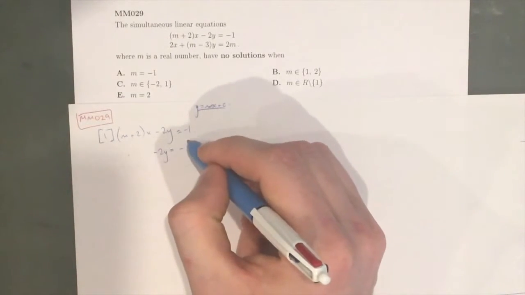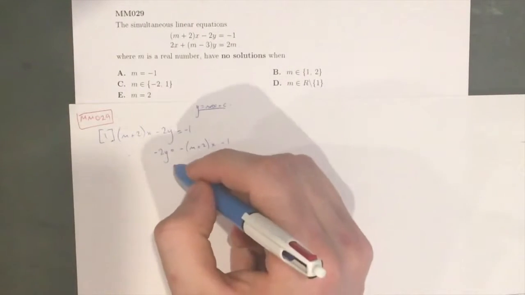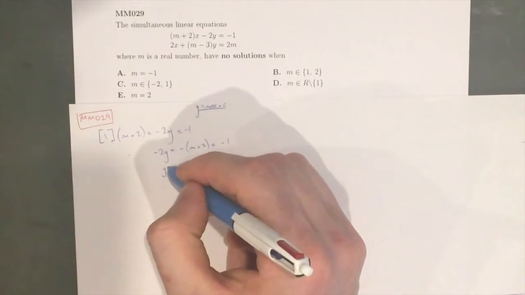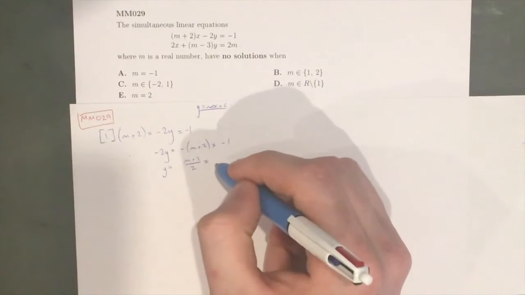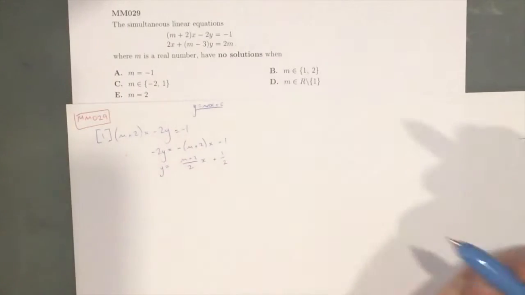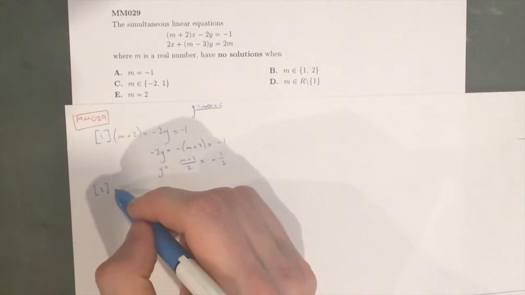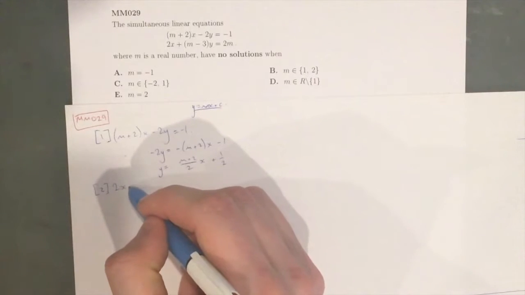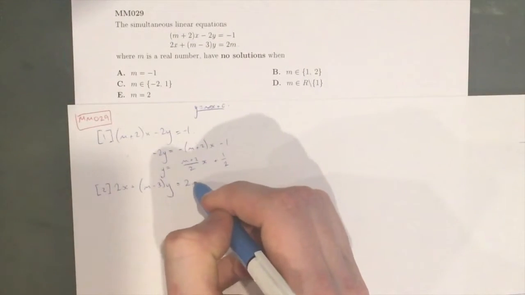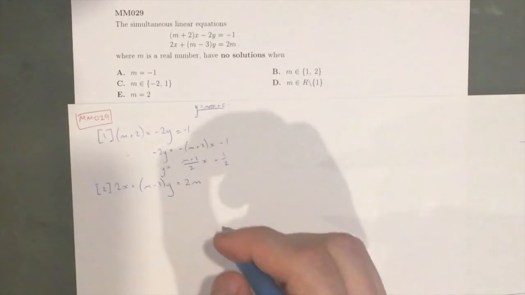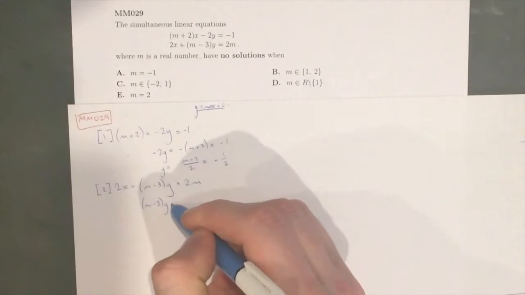So we get -2y = -(m + 2)x - 1. Then if we divide both sides by -2, we get y = ((m + 2)/2)x + 1/2. Now for our second equation, 2x + (m - 3)y = 2m, if we want to get y by itself, we simply take 2x over the other side.